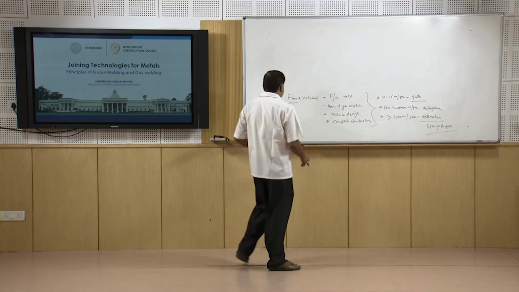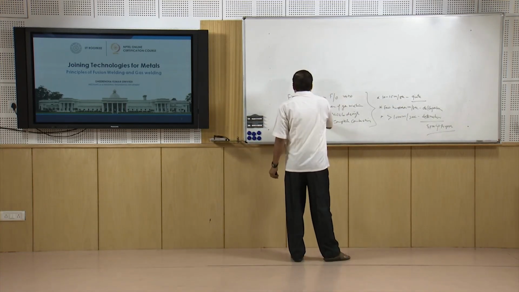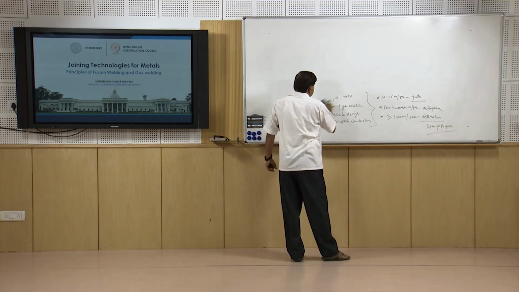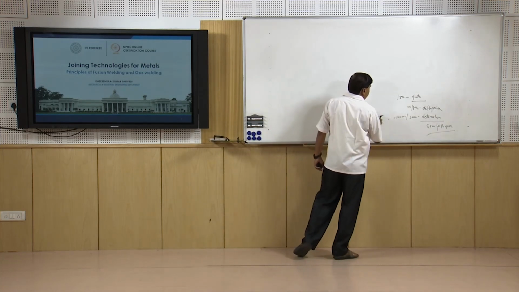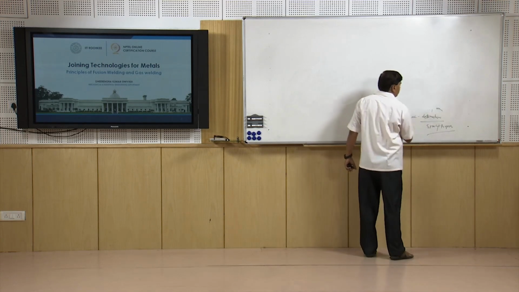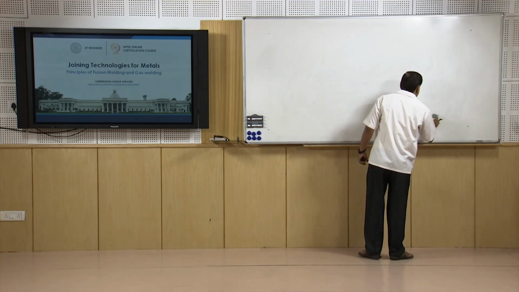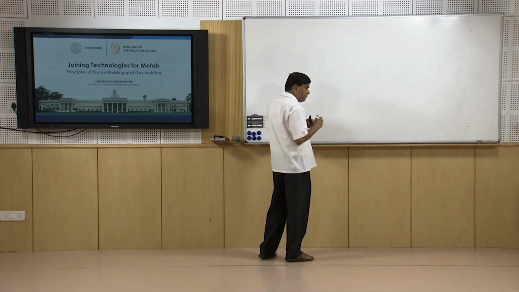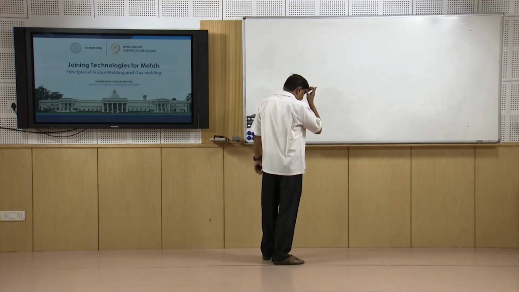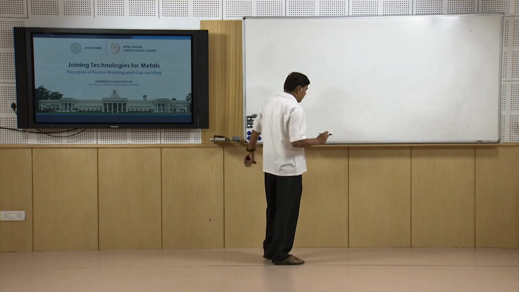In gas welding, since the protection is not very effective, there is a possibility that a lot of gases, in the form of oxygen and nitrogen, are present in the weld metal, producing impurities in the form of oxides and nitrides.